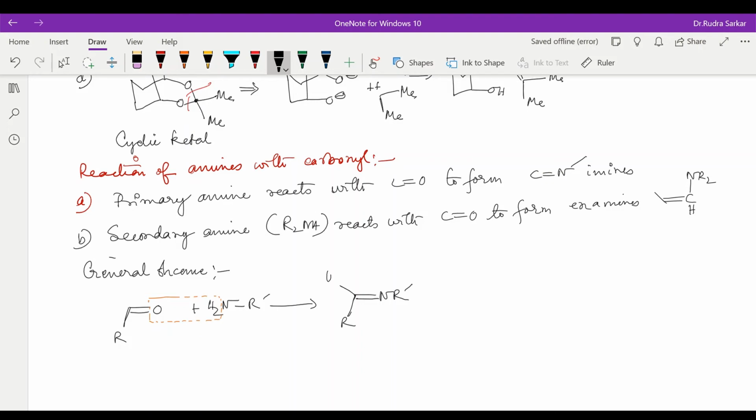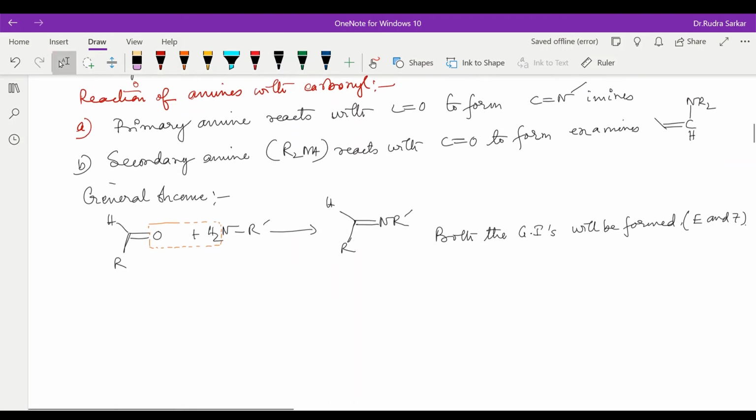Kindly understand that both the geometrical isomers will be formed, that is E and Z over here. Suppose you have taken a ketone like this and you have reacted with this, or let's make it general.